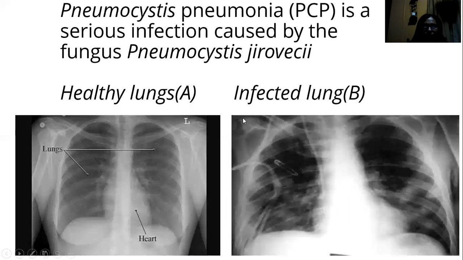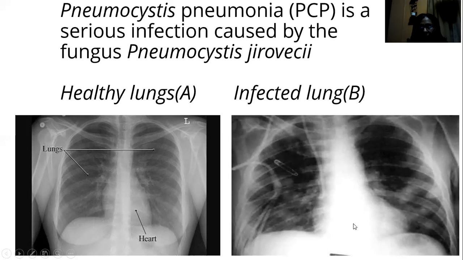As you can see in the diagram, you see a healthy lung. In the letter A, you see all the black spots. That's the gas exchange in our lungs, and you can see all the features in our body through the X-ray image. On the infected lung, you see all the white spots in there.